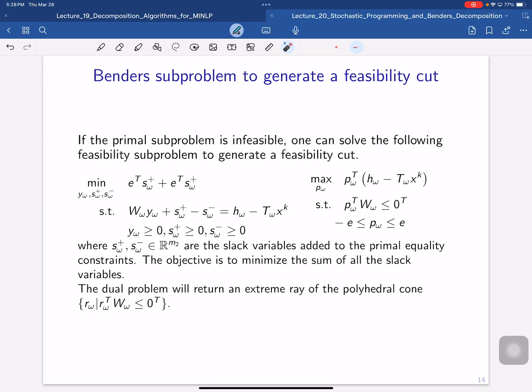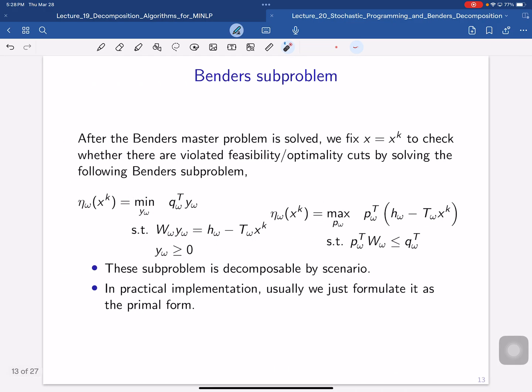Here are some details of how to really implement it to generate a feasibility cut. Usually when you use the solver to solve the Benders subproblem, if the problem is infeasible, you can't get an extreme ray out of it. The solver will just tell you this problem is infeasible. How do you actually get an extreme ray out of the Benders subproblem?